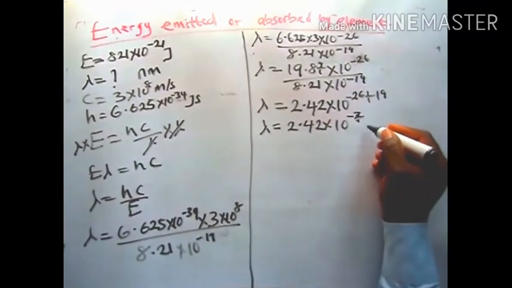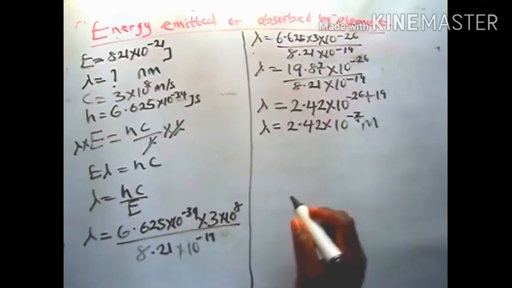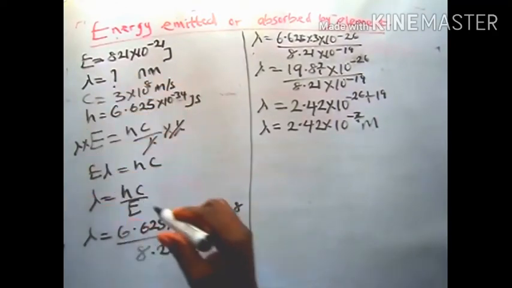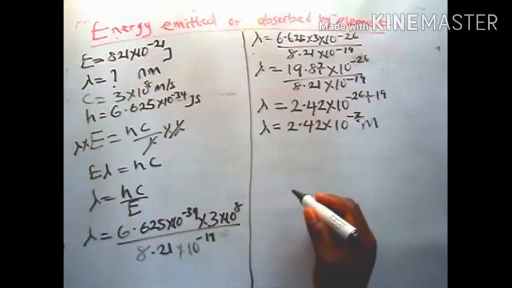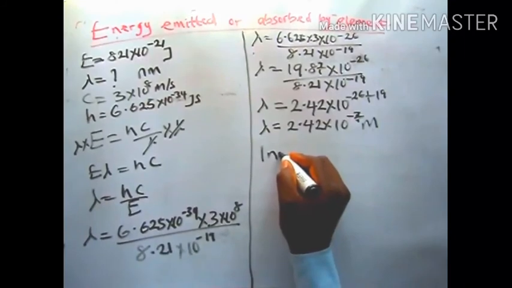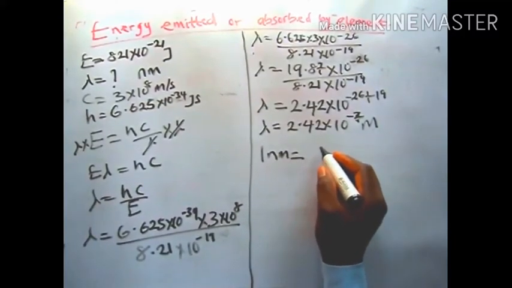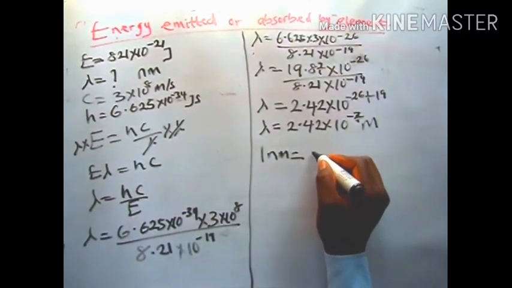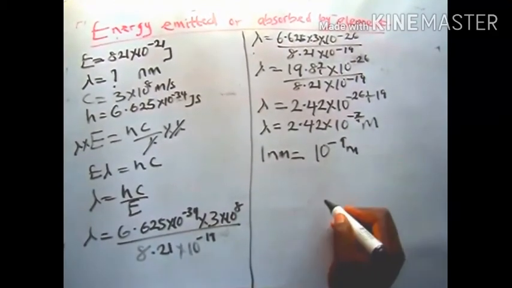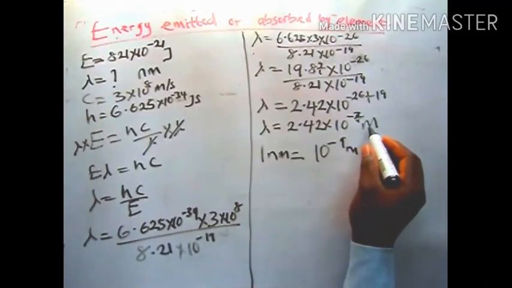Minus 7, now in meter. But note, in our question we have to calculate our wavelength in nanometer. So you're going to convert this now to nanometer. I told you 1 nanometer is equal to what? Good, 10 to the minus 9 meters. So now you have this in meter.